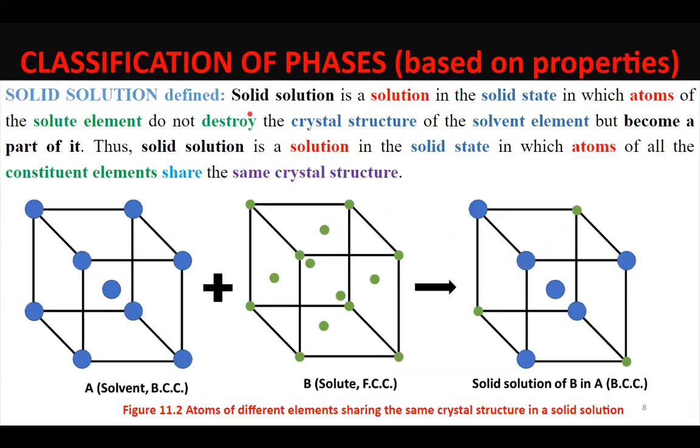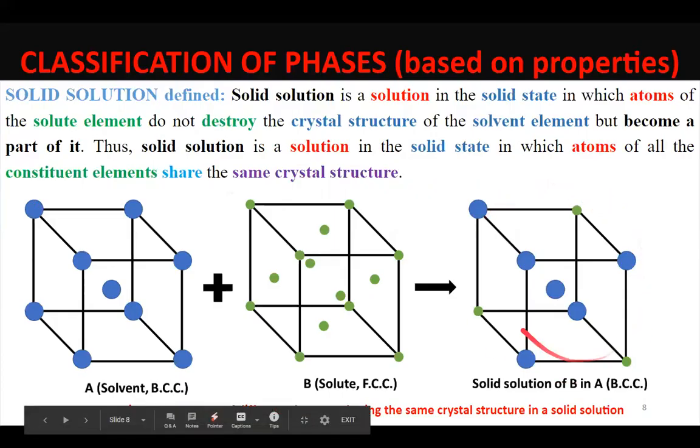So that is why we have said a solid solution is a solution in the solid state in which atoms of the solute element do not destroy or damage the crystal structure of the solvent element, but they become a part of it. In other words, a solid solution is a solution in the solid state in which atoms of all the constituent elements share the same crystal structure. So see, they are sharing the same crystal structure, right?